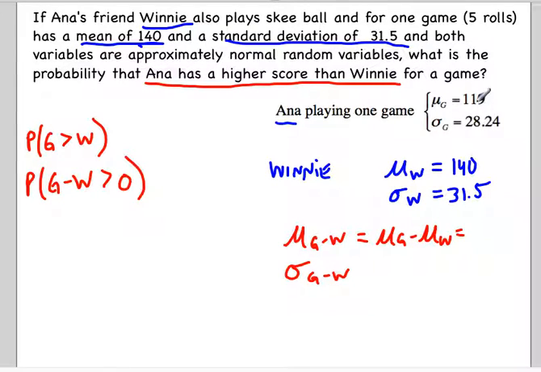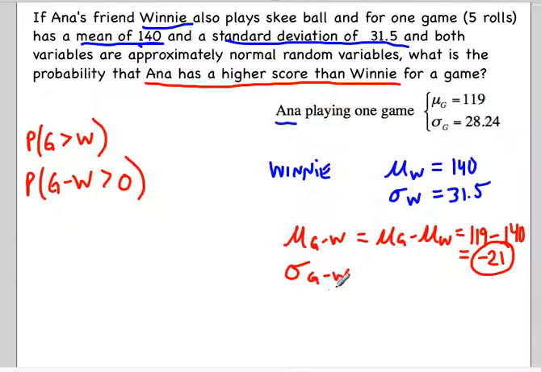So I can take my mean for Anna and I can subtract the mean for Winnie. Okay, and I'm going to get my new mean of negative 21. That's the mean I'm going to use when I do my z-score.